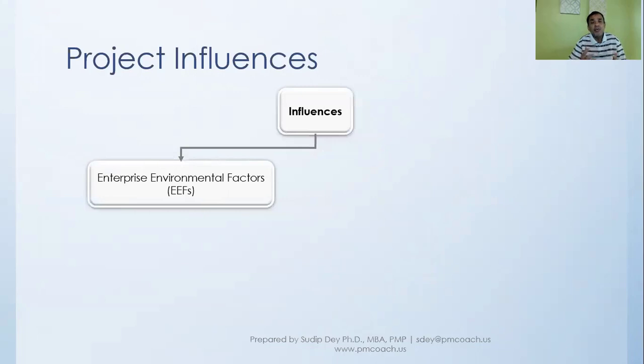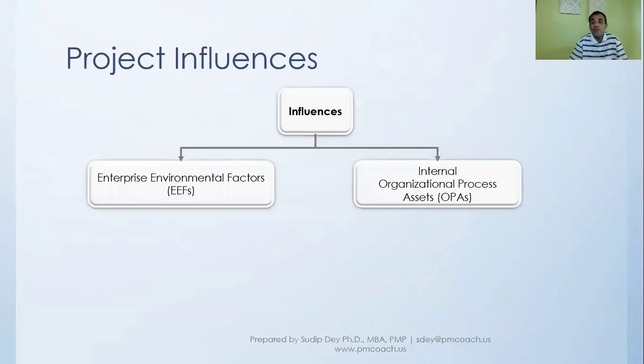They are really external and we don't have any control. Whereas the other type of influence is what we call the organizational process assets. So remember this term, assets, because they are assets that we can make use of or we might have to abide by. We'll see different types of organizational process assets.